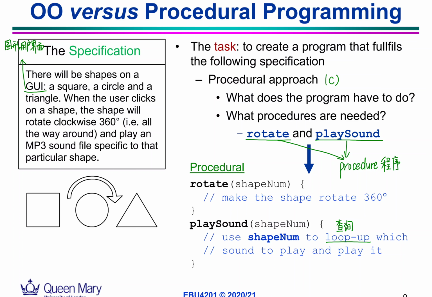The first thing is that if we use procedural programming, first we can define different GUI shapes, and the other thing is that if we click it, then it will rotate clockwise 330 degrees, and then play the particular music, which means play an MP3 song.